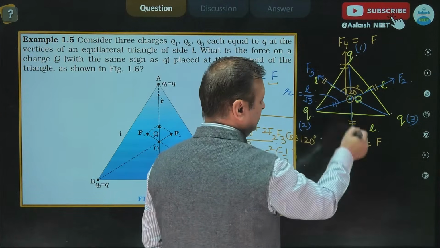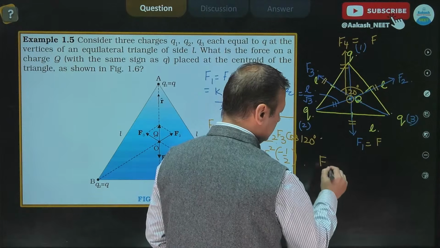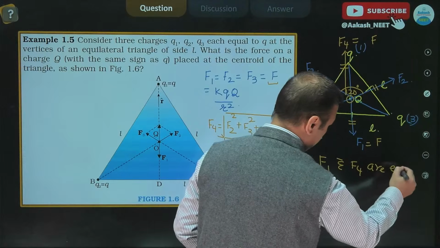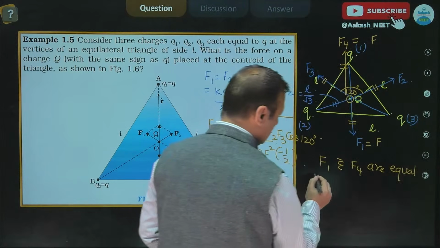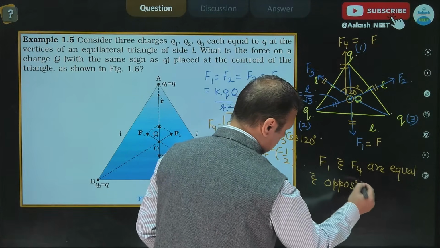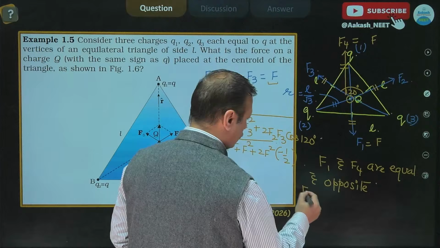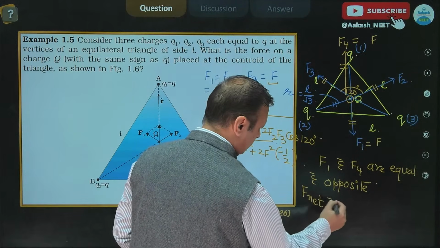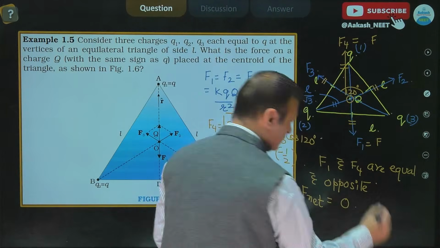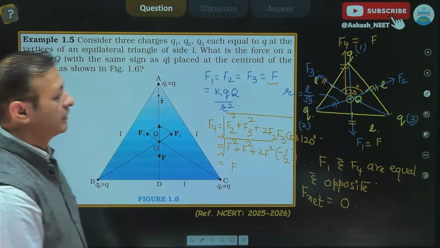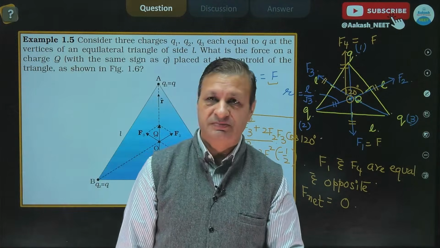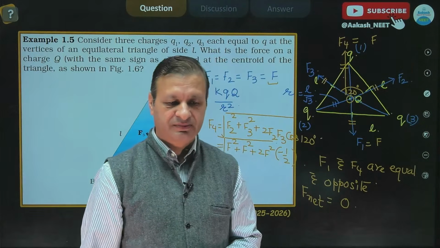That is the resultant of F4 and F1, which are exactly equal and opposite. So the net force experienced by capital Q would be the resultant of these two, and that is 0. This is a very fine example of your superposition principle. Any doubt from this part?